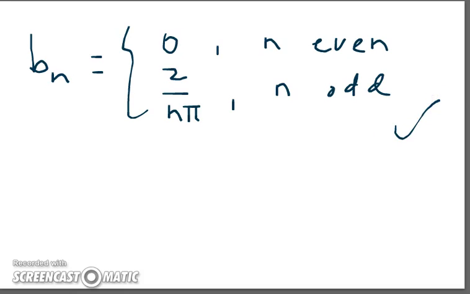Okay, so we already know the A naught, we already know the An, and we already know the Bn. So now we want to plug all these values into the Fourier series expansion of f(t).